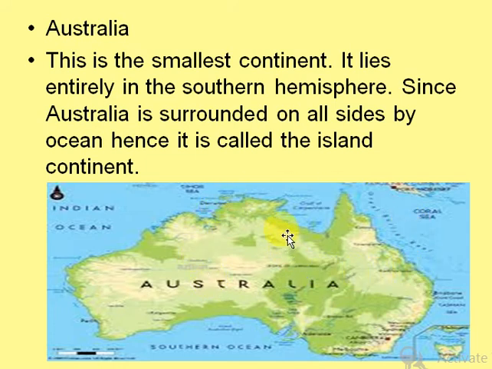So it is called an island continent, because it is surrounded on all sides by oceans and seas. So this was about Australia.